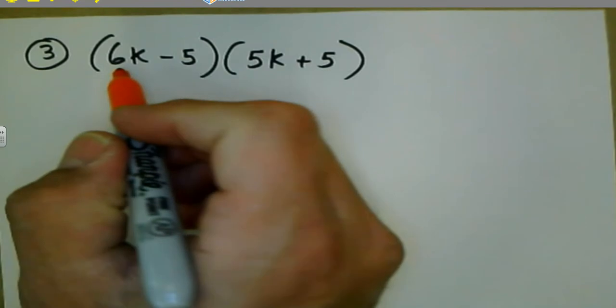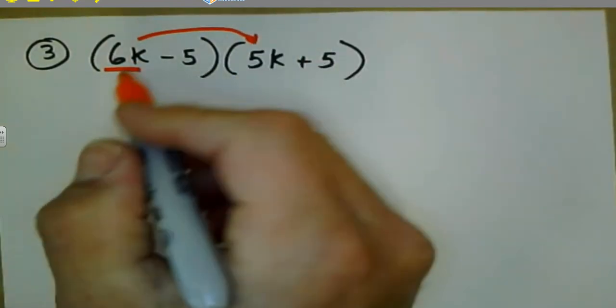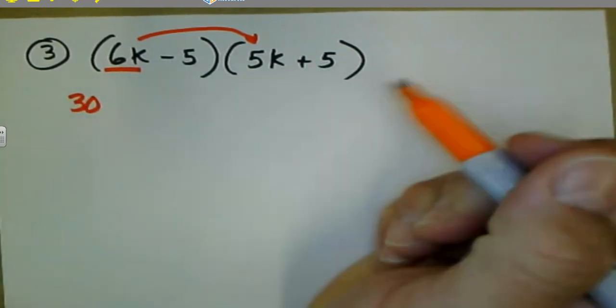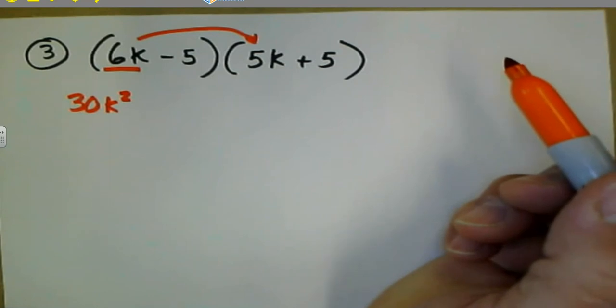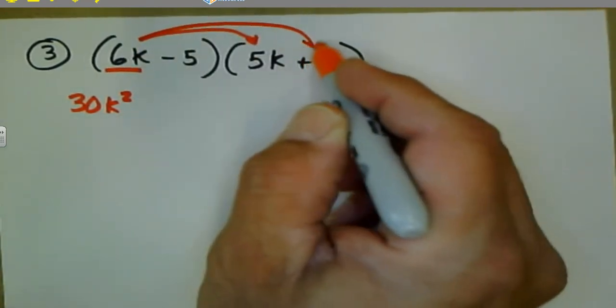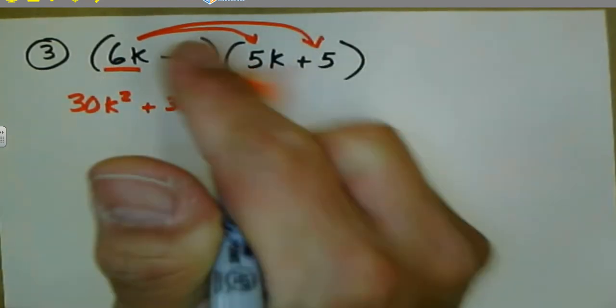All right, take the first term, multiply it by each term on the other side. 6 times 5 is 30. K plus K, K squared. 6 times 5, 30, only 1K.